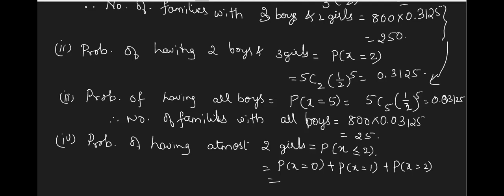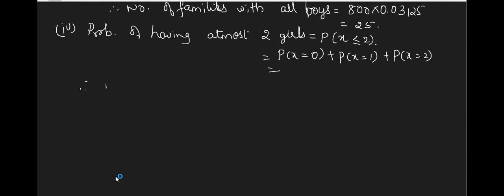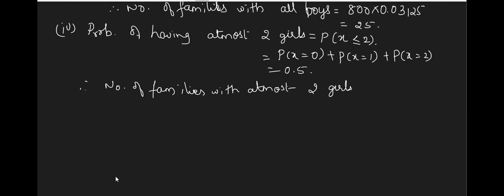Just check with the answer. 0.5. So the number of families with at most 2 girls is 800 into 0.5. Half of 800 is 400. So there are 400 families with this condition.